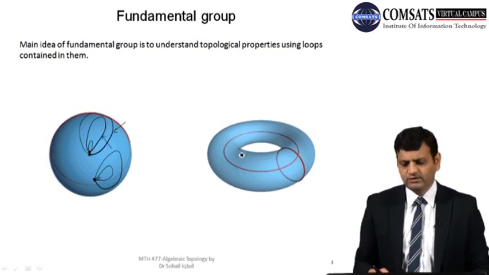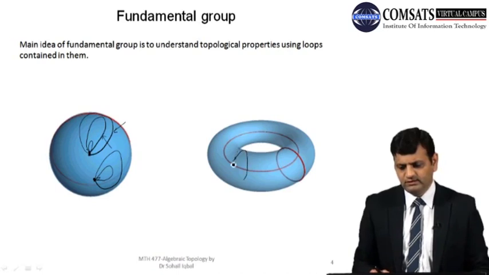But if I take, for example, this torus, and a loop which goes like this around the torus and comes over here, this loop cannot be deformed to a point, unlike the case of the sphere. So this loop is special in this sense.